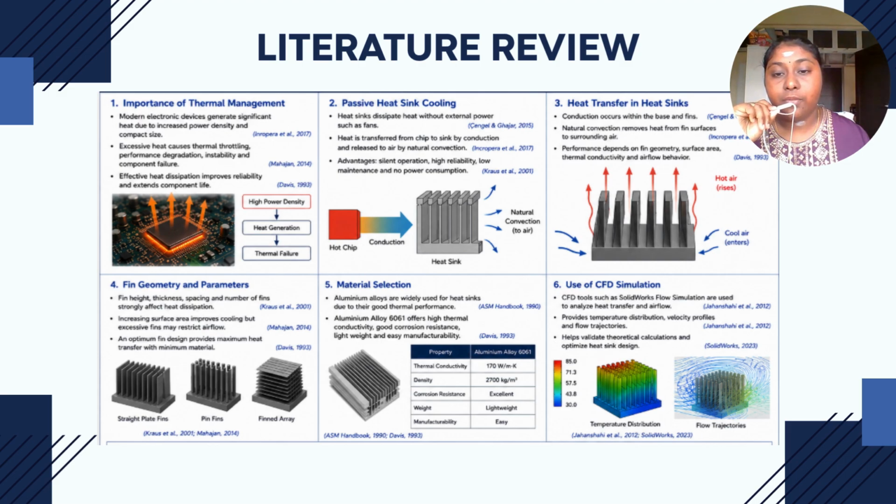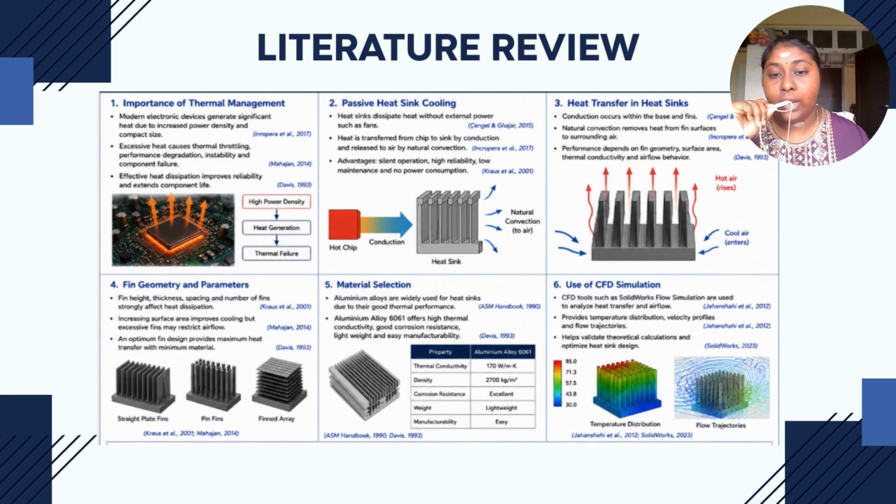Another important point from this literature is the role of fin geometry. Fin height, thickness, spacing, and number of fins strongly affect the heat transfer performance. Increasing the surface area can improve cooling, but very small fin spacing may restrict airflow and reduce natural convection efficiency. Material selection is also important.